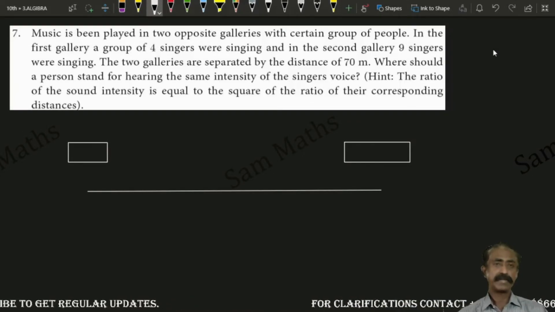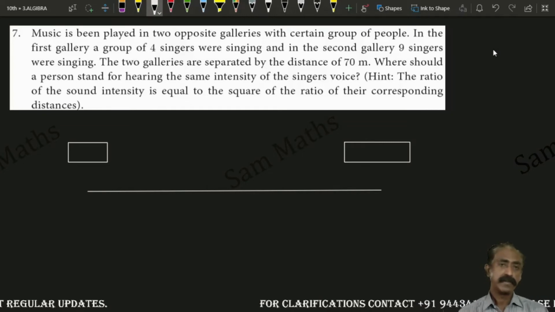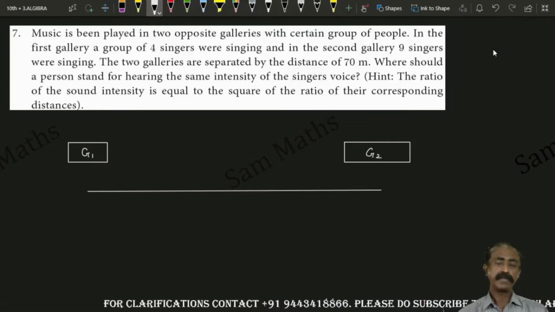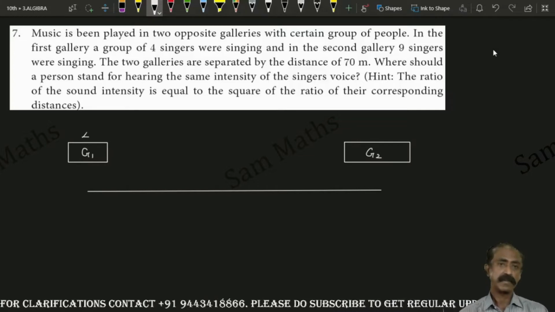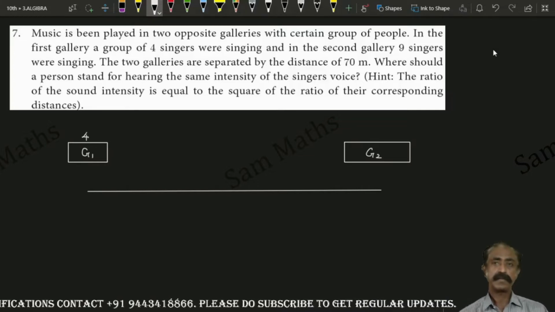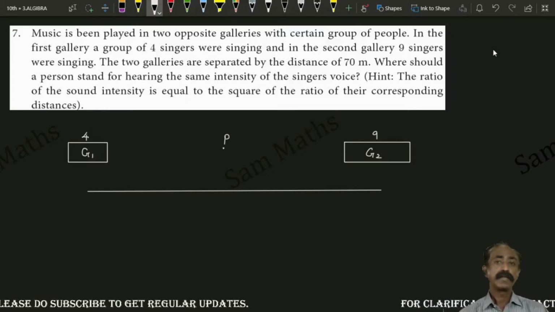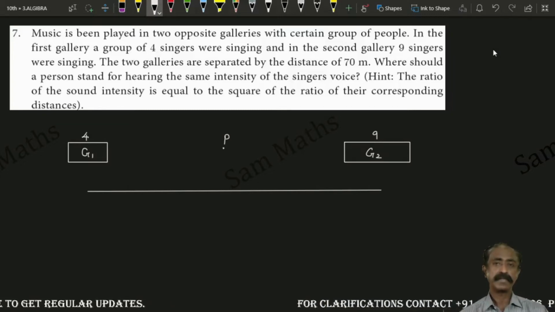Here I consider two galleries, one is G1 and another one is G2. In G1 there are 4 singers, in G2 there are 9 singers. There is a person in between these, he has to hear the same intensity of the singer's voice.